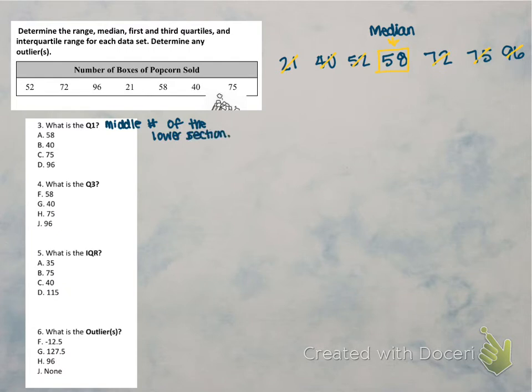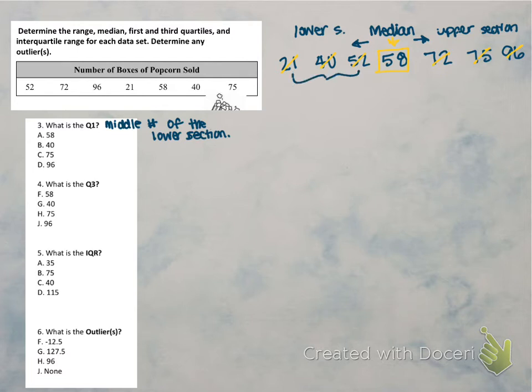Okay, so look over here. Your median is in the middle. So this is the lower section, and this is the upper section. Okay, so now we have to find the middle number of the lower section. So that's these numbers right here.